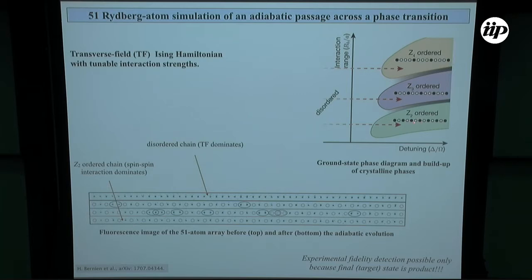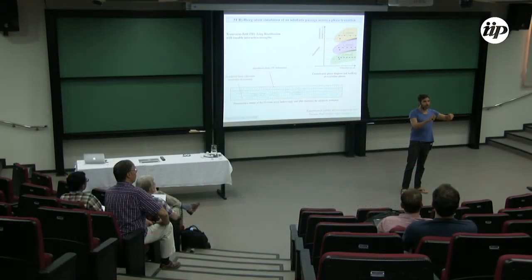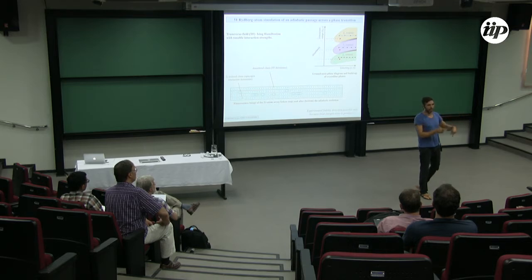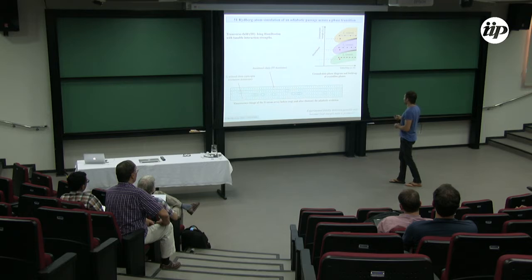If the interaction Hamiltonian is nearest neighbor, then you start with all spins aligned with the transverse field, and you end up with a final state that is still a product state, but where you have a periodicity: up, down, up, down. This is what they call the crystalline phase.